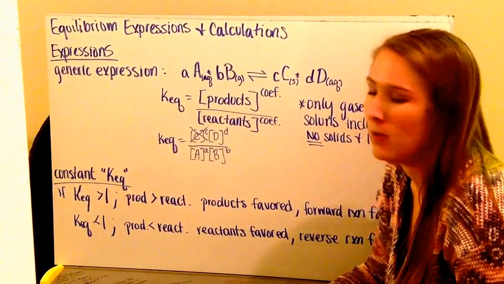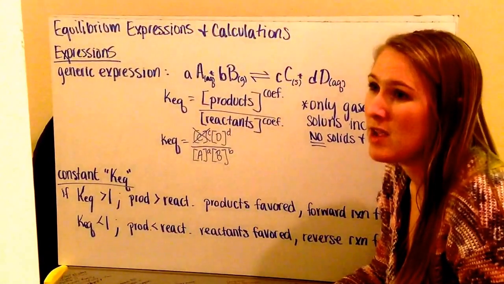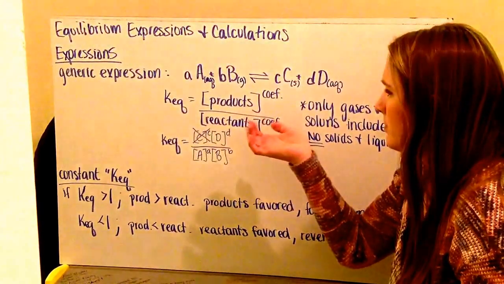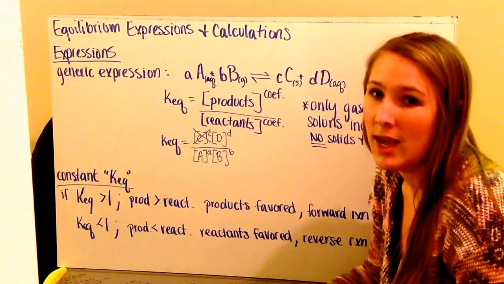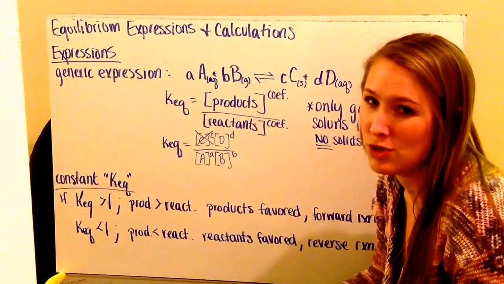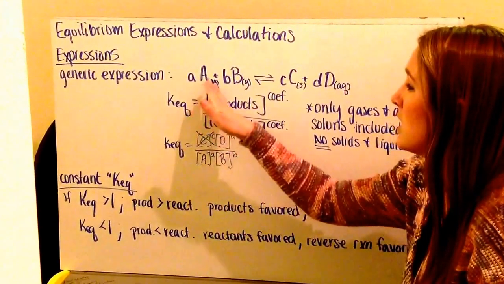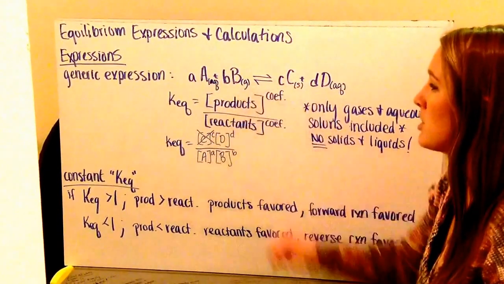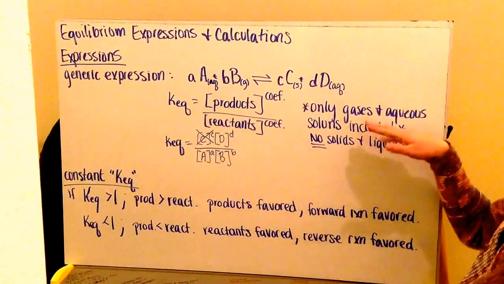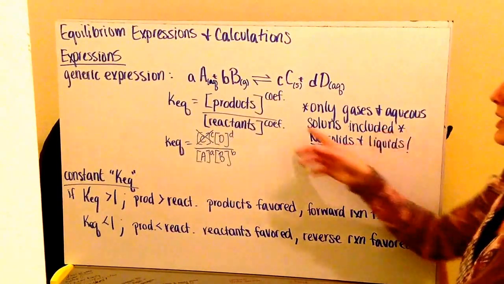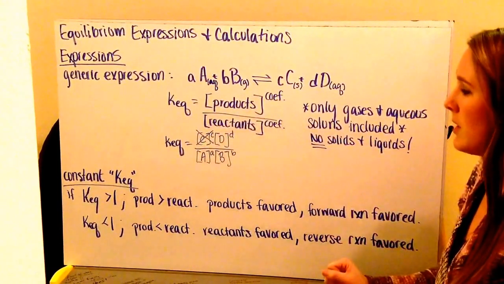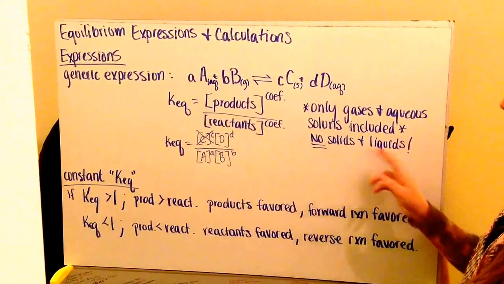Same thing if I have a piece of sodium chloride, which is a solid. I cannot increase or decrease the concentration of that solid. Since that cannot change as I go through a reaction at equilibrium, only gases and aqueous solutions are going to be included in my equilibrium expression, and I will not have any solids and liquids.